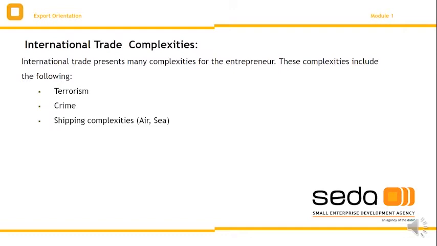Be mindful also of cost. Remember that it may be costly to use air as opposed to using the sea. So look at the characteristics of your product, look at the destination where you are shipping the product to, and then look at which one is more feasible, then select which of the two modes of transport is suitable to transport your product or your service.